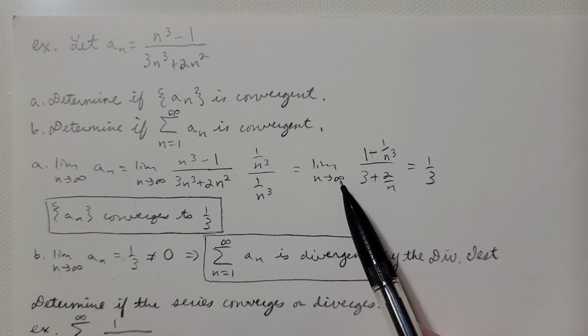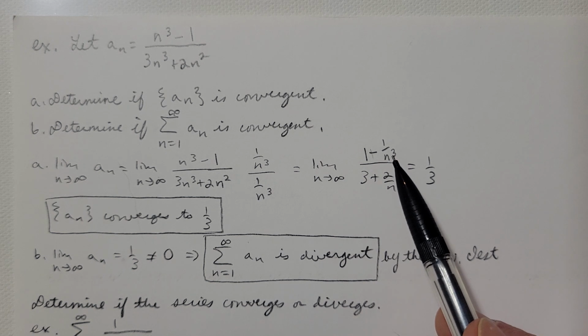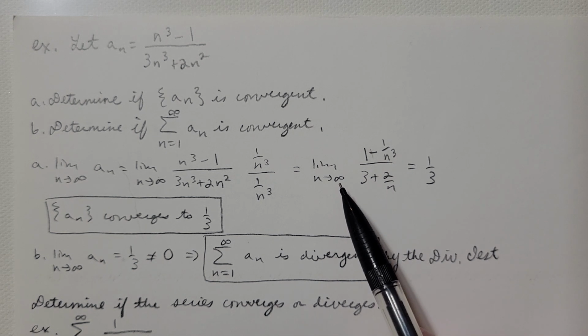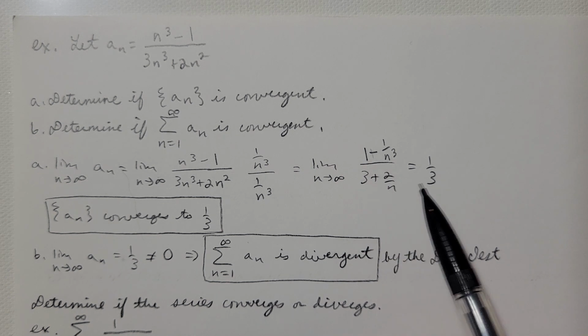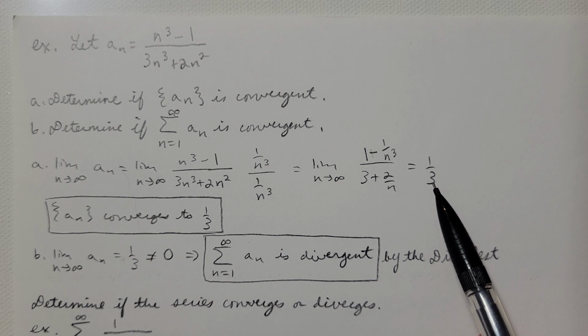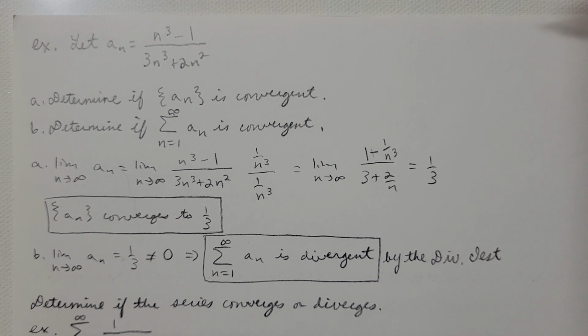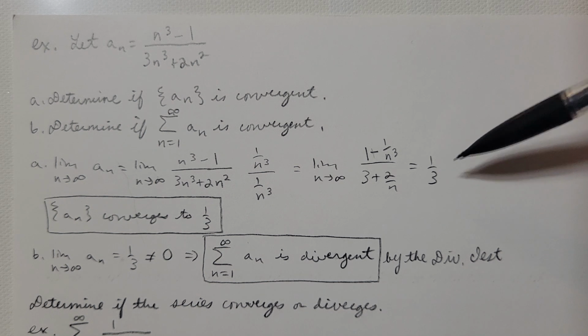So the limit as n approaches infinity of 1 over n cubed, that's 0. And the limit as n approaches infinity of 2 over n, that's 0. Limit of a constant is always a constant, so I got 1/3. And yeah, if I were to list out all these terms, it's going to be getting closer and closer to 1/3.